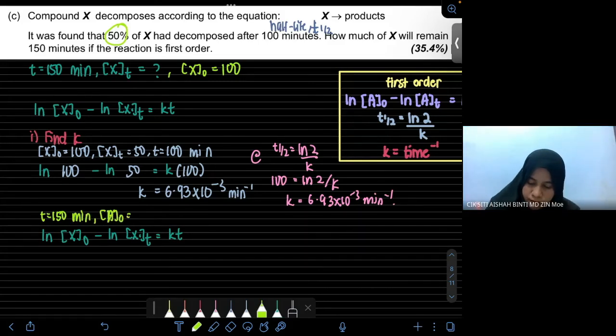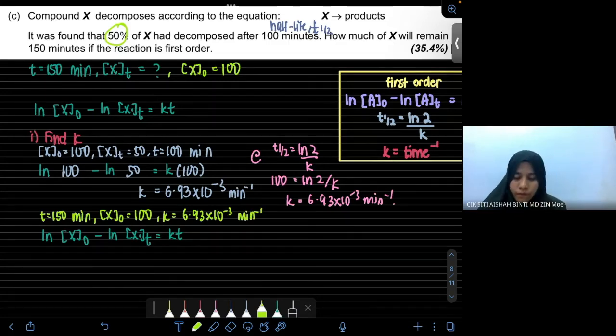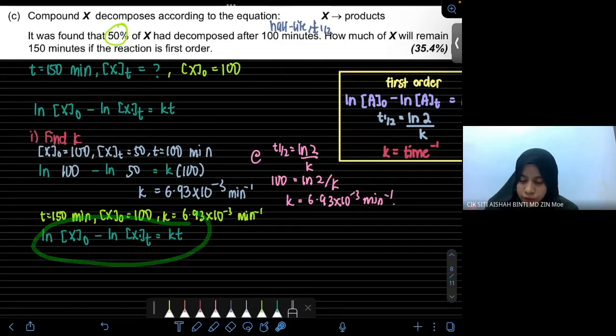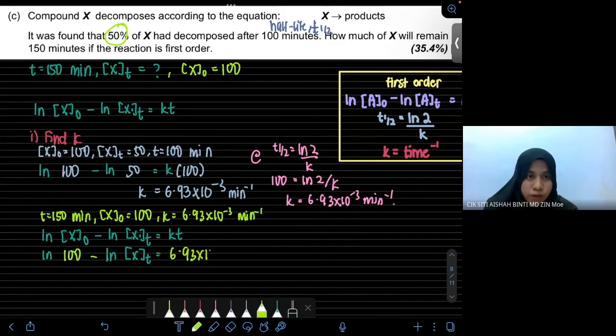This is X naught, 100. Then k we know from the question is 6.93 × 10^-3 per minute. So we can substitute into the equation: ln 100 minus ln X t, where X t is our unknown, equals k, 6.93 × 10^-3, times 150.